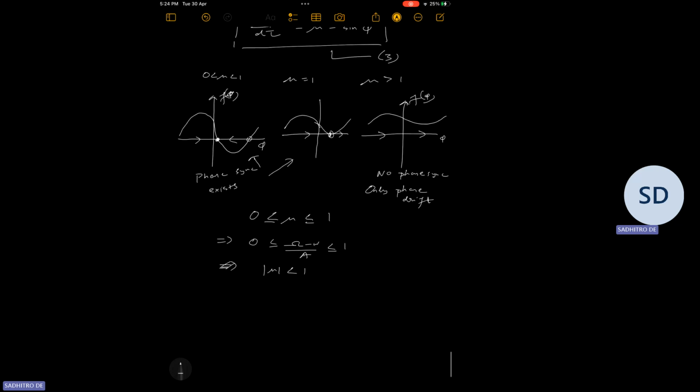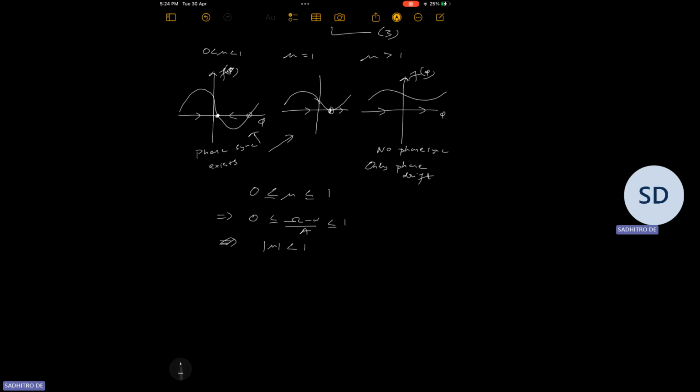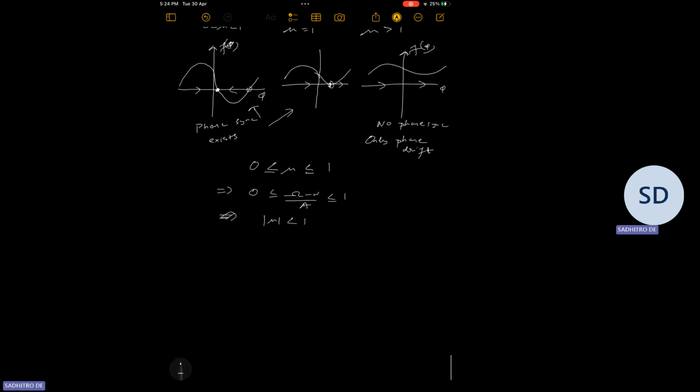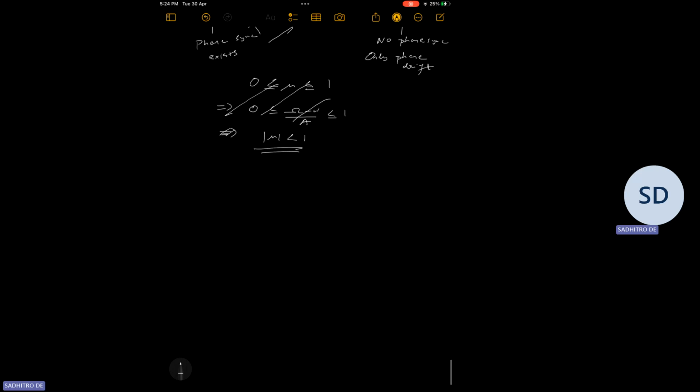Because the necessary condition for the existence of synchronization is that the two fixed points should exist. And this is satisfied only when this condition is satisfied.